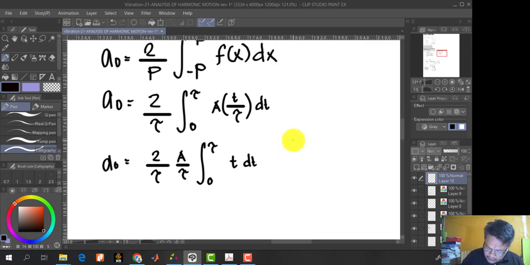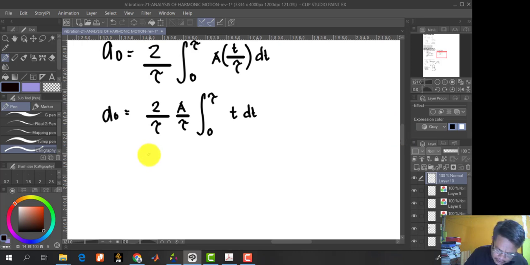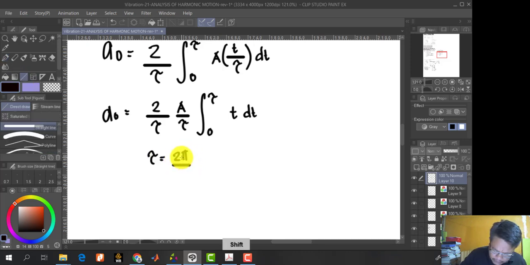So separating this one, the value of our period is equal to 2 pi all over, divided by my angular velocity.